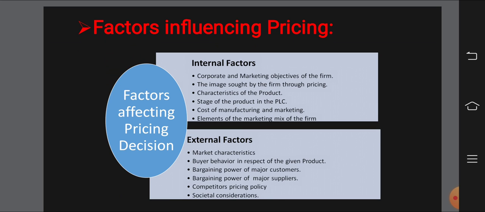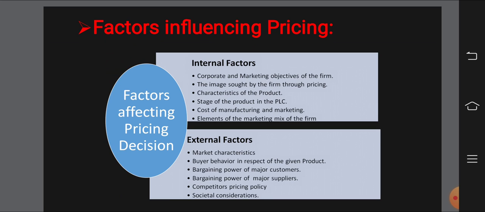If the firm's objective is to increase the profit, then they will try to provide the better quality, and they will try to take more price for that particular product or service. As their objective changes, it will affect the pricing policies.